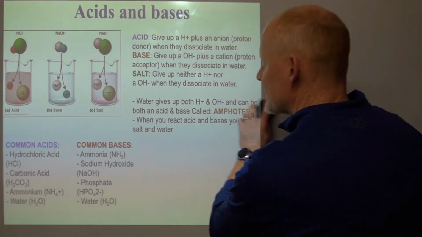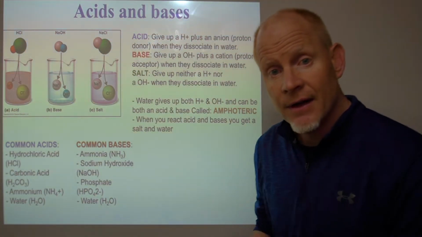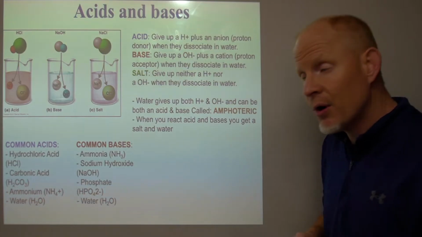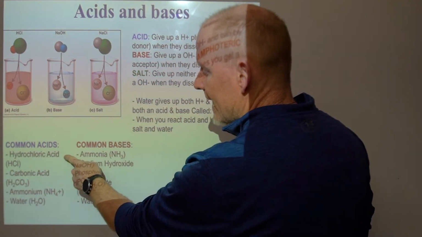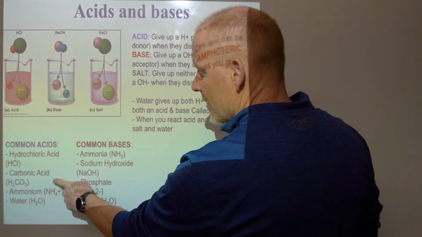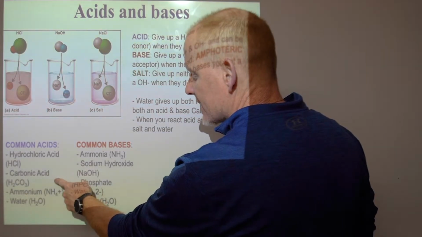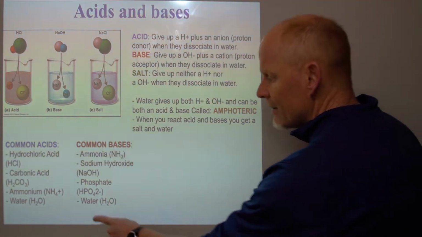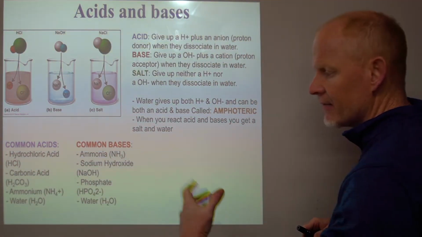So what are some acids and bases that we can add to water that will change our concentration of hydroxide and protons? All right, here are some common acids. Hydrochloric acid, very acidic, right? Carbonic acid, it's a weak acid. Ammonium, NH4 plus, tends to like to give up a proton.